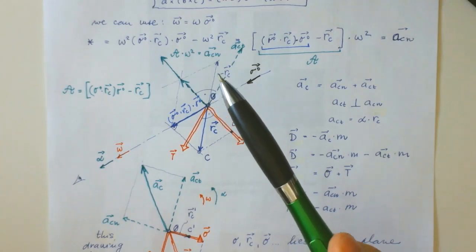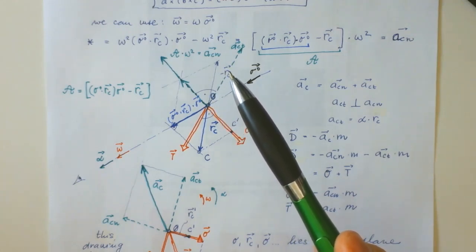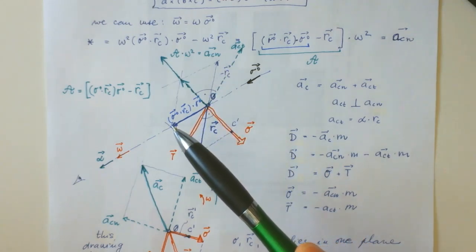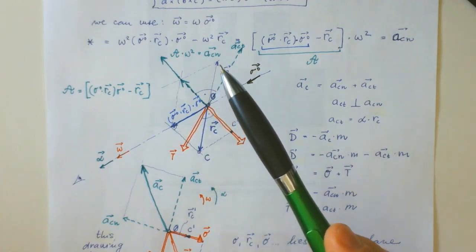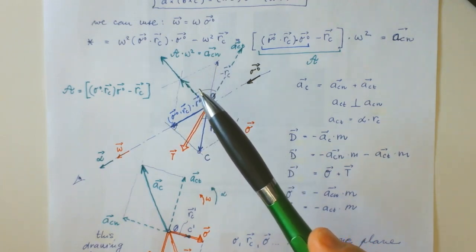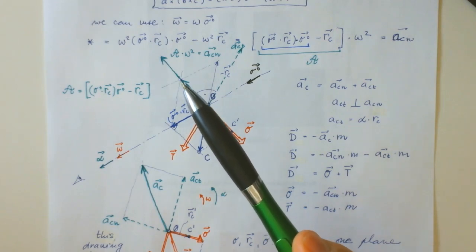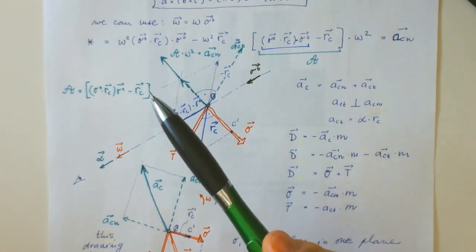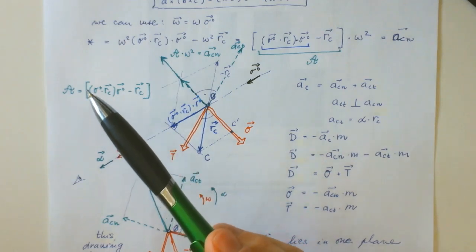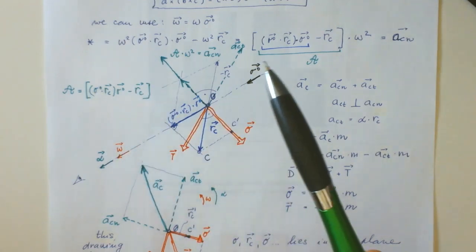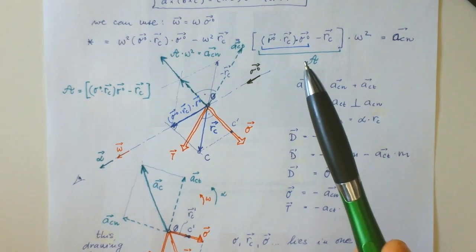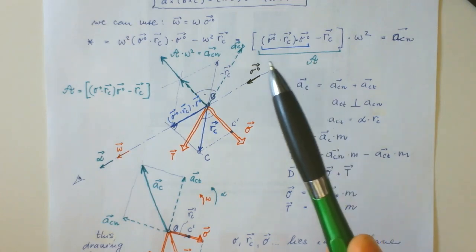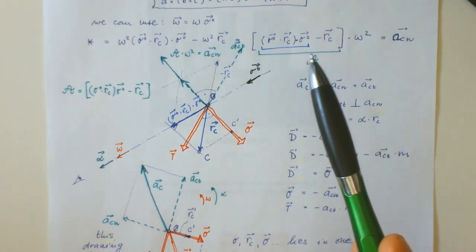So I draw here minus RC, and I make now addition this plus this, and I get this green vector. It's A, okay, it is A, and this is this vector.